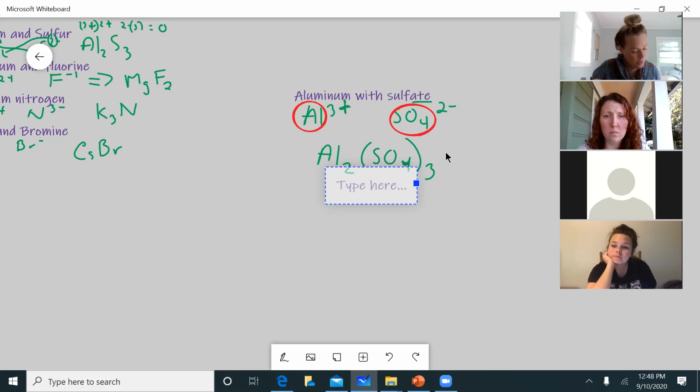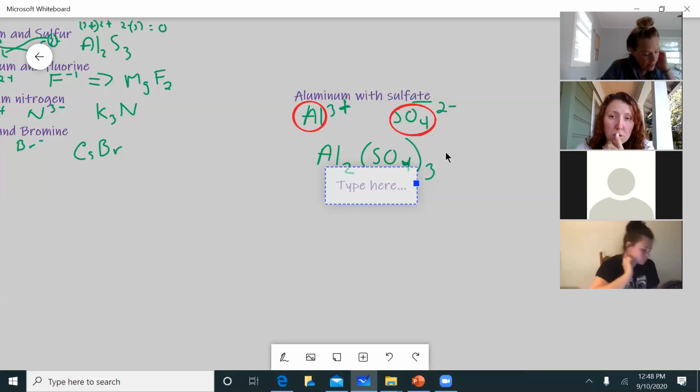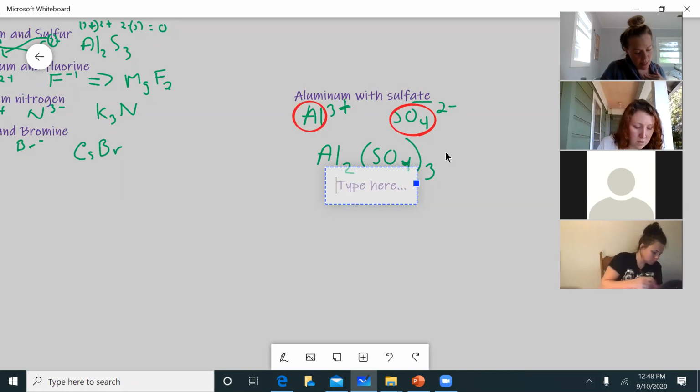So if you go to page 68, it has a bunch of the anions. You'll see you've got acetate, chlorate, perchlorate, nitrate, permanganate, carbonate, chromate, sulfate.